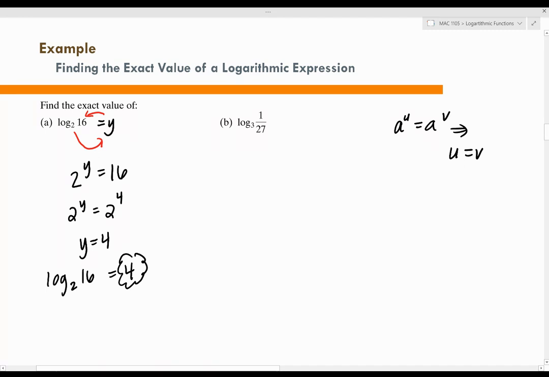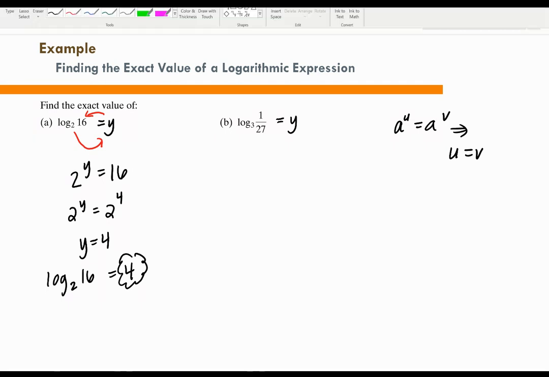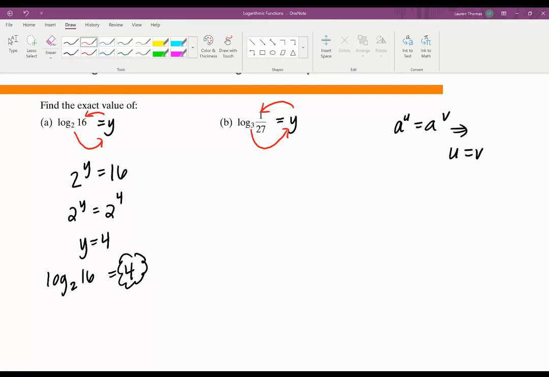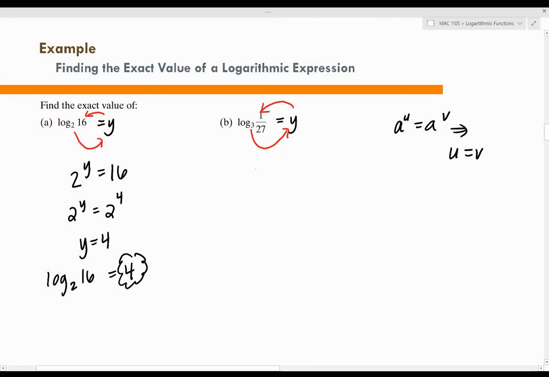All right, let's try b. We're going to do the same thing. We're going to set it equal to y, and we're going to convert this to an exponential statement. So we're going to say the base to the answer gives us the argument. So that's 3 to the y equals 1 over 27.